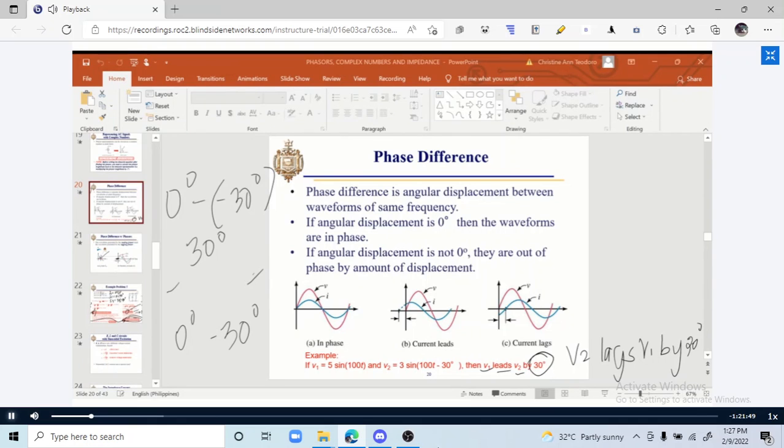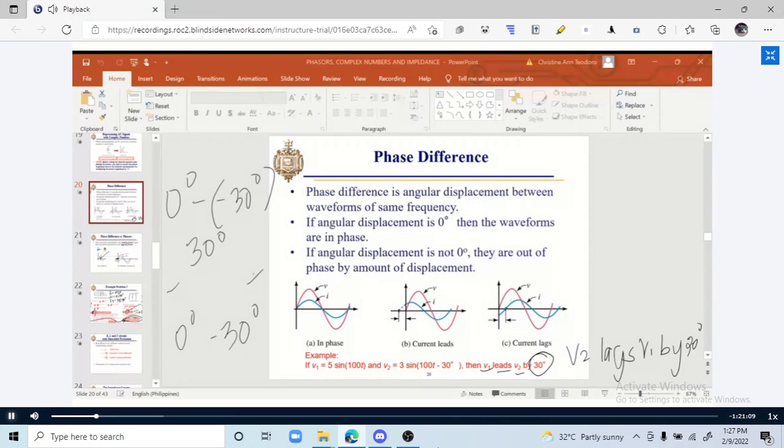My question is, what is the phase offset or the phase angle of V1? 0 degrees. Very good. What about V2? Negative 30.